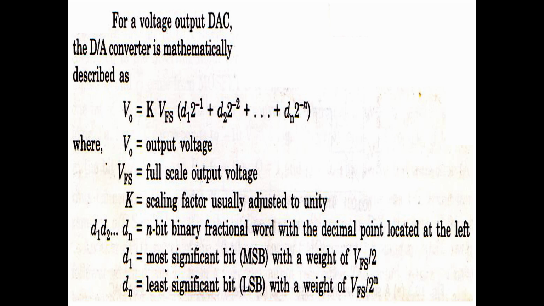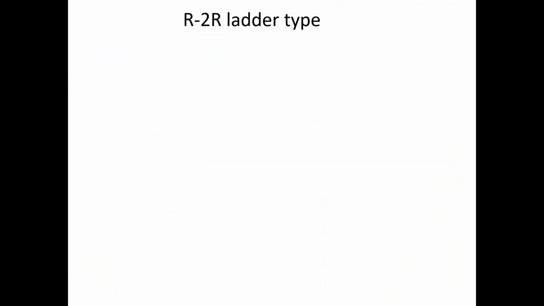D1, D2 up to Dn form an n-bit binary fractional word with the decimal point located at the left. D1 is the most significant bit, MSB, with a weight of VFS divided by 2. Dn is the least significant bit, LSB, with a weight of VFS by 2 power n.